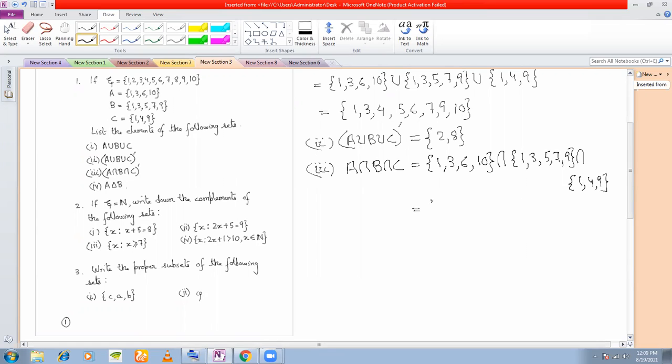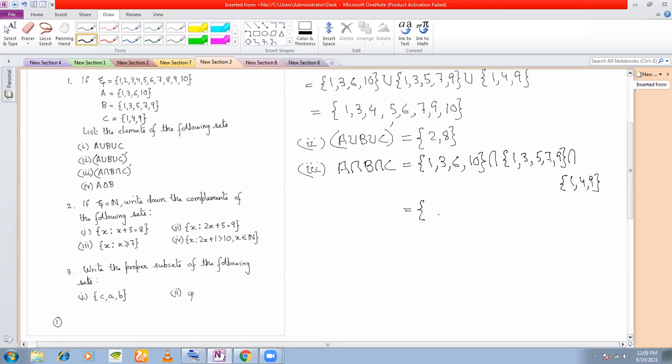And if you see, the elements that are common to all the 3 sets are only 1 and 3. Okay. Now this is A intersection B intersection C complement. Sorry, this is not the complement yet.